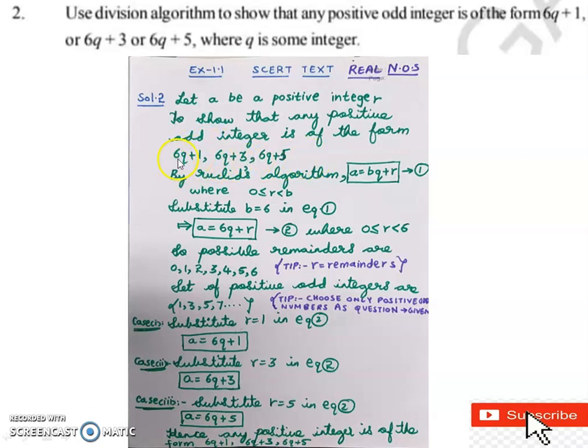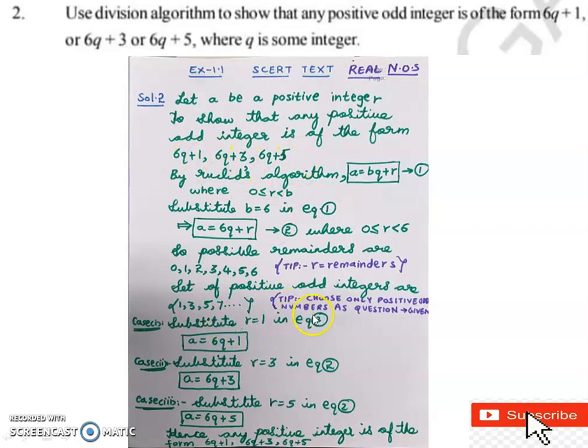So r is 1, 3, 5. I will consider only odd values from these remainders, that is from 0 to 6. So I'll just consider 1, 3, 5 and find my three cases, because in the first case it is 1, second case 3, third case 5.